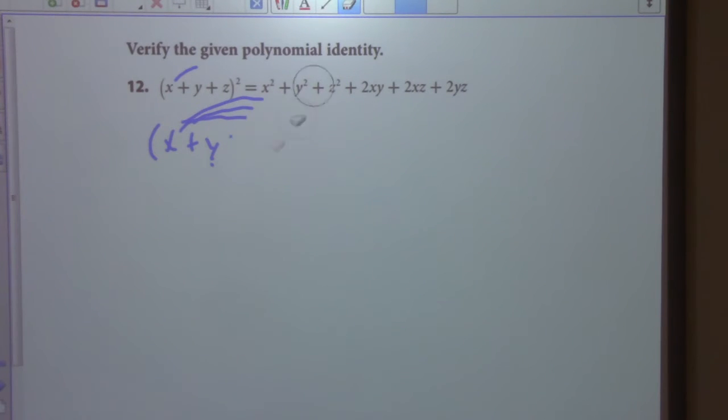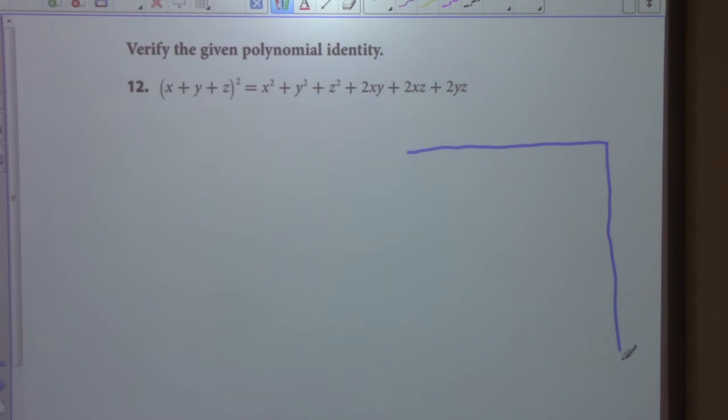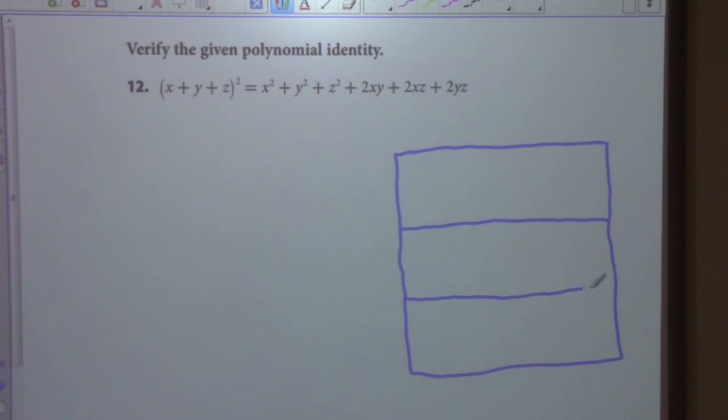So one thing that avoids the clutter with this is what we talked about yesterday, which is setting up a box. You need to make a box big enough for you to see polynomials on the top and the left simultaneously.